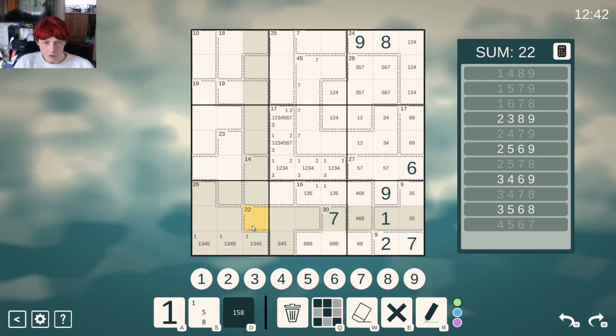Could certainly be 2, 3, 8, 9. Could be 2, 5, 6, 9. Could be 3, 4, 6, 9. Could even be 3, 5, 6, 8.